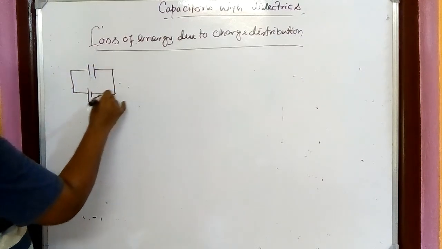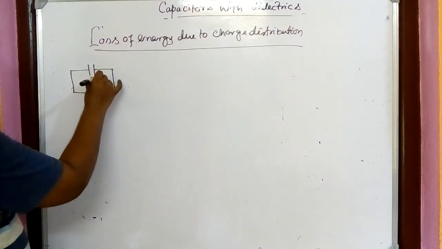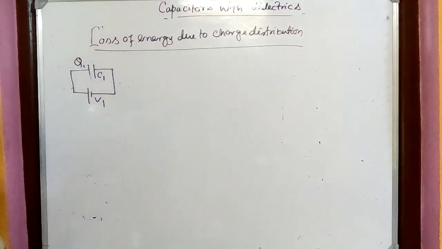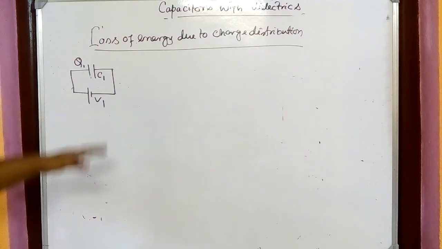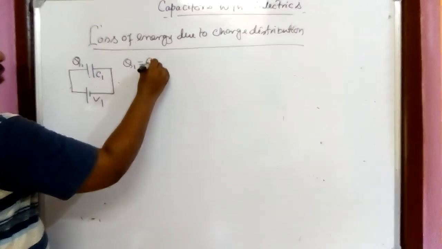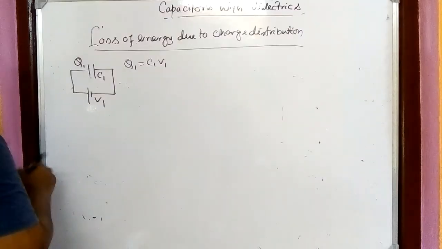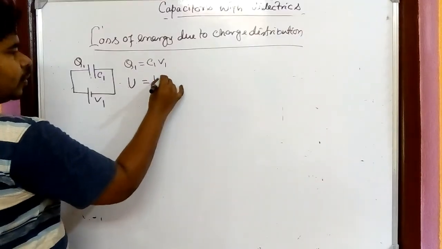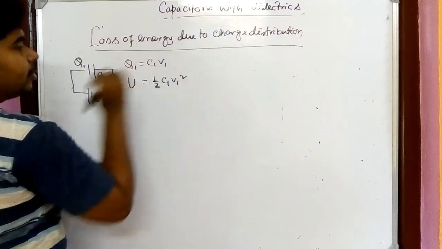Assume initially I have connected one capacitor with a potential difference V1. Assume the capacitance is C1 and the charge induced here is Q1. So from here you can write Q1 equals C1 into V1. If you want to find the energy, energy U1 equals half C1 V1 square.